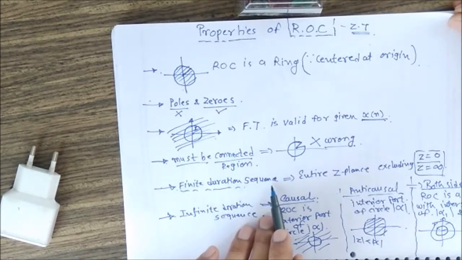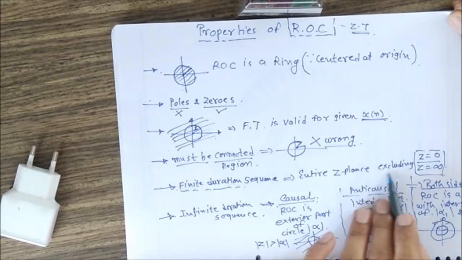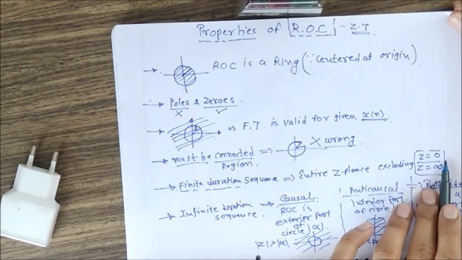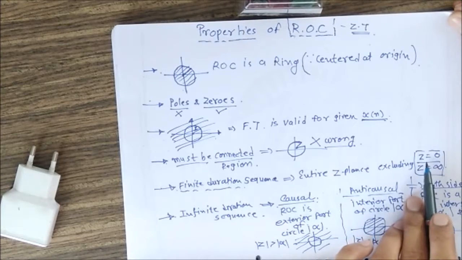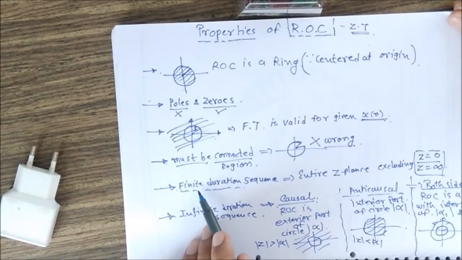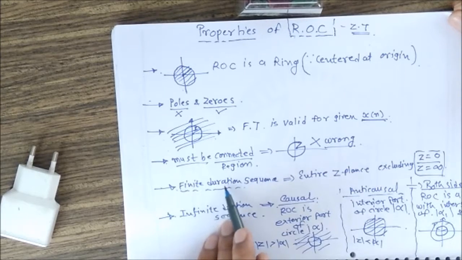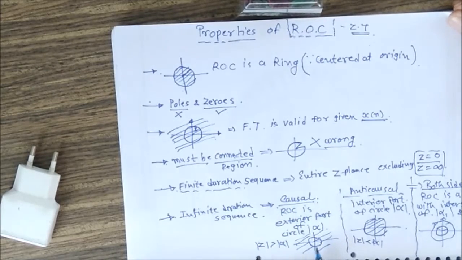Finite duration sequence. For a finite duration sequence, ROC is the entire Z plane excluding Z equal to 0 and Z equal to infinity. It means if the ROC has no 0 and no infinity values, then the given sequence is always finite duration. But for an infinite duration sequence, we have three conditions.